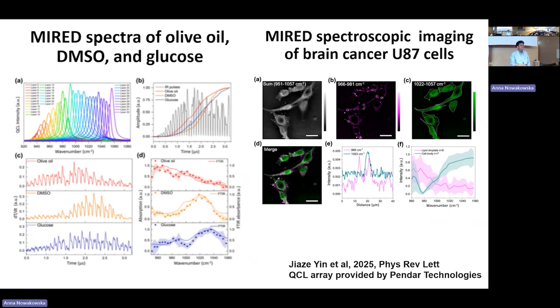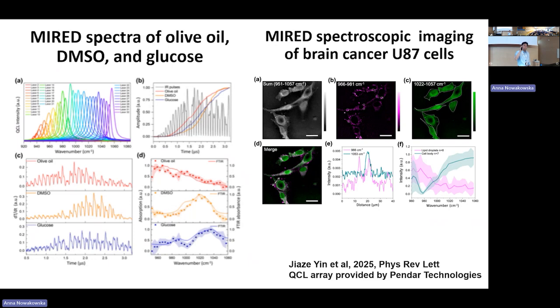And now by doing the first derivative of this temperature rise, you can get the absorption peaks from olive oil, DMSO, glycerol, and they are different. So with this method, in 3 microseconds, you can get an IR spectrum. So now you can do MIRAT spectroscopic imaging of the cancer cell with an IR spectrum at every pixel. So you can see the carbohydrate or lipid here.